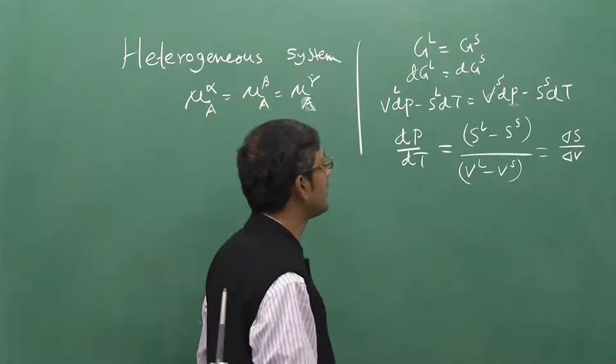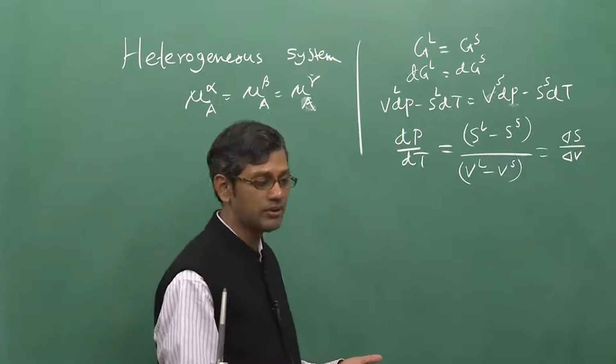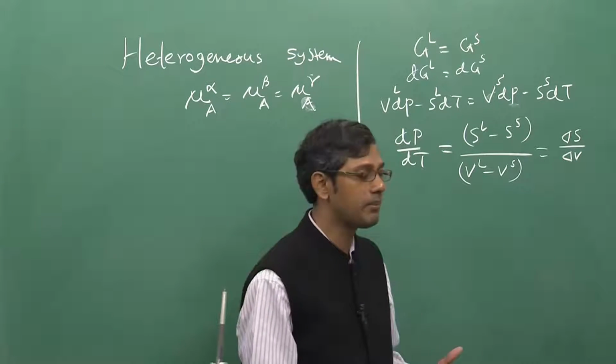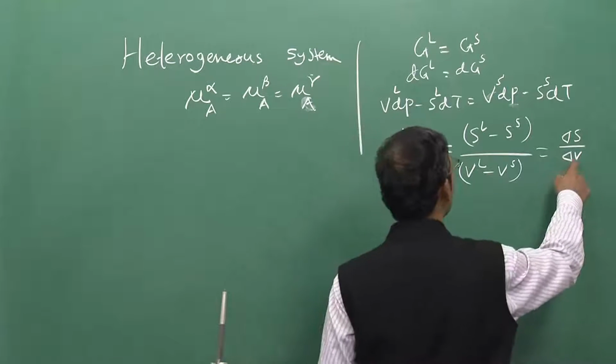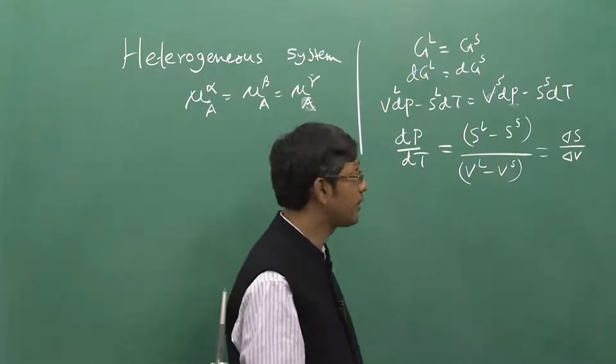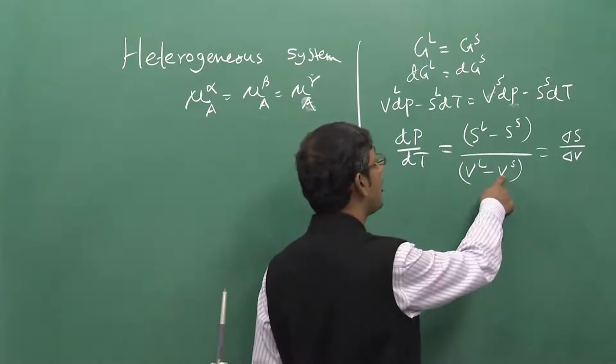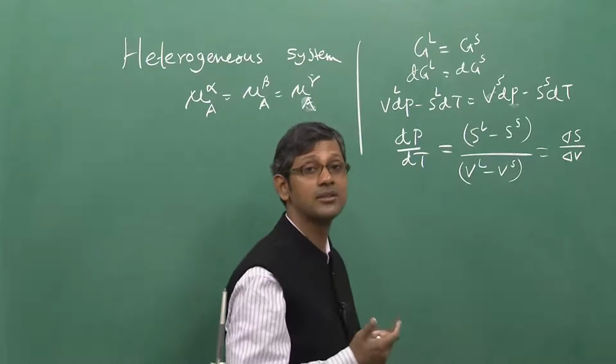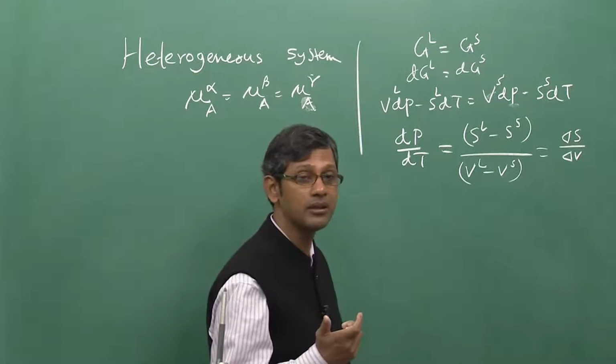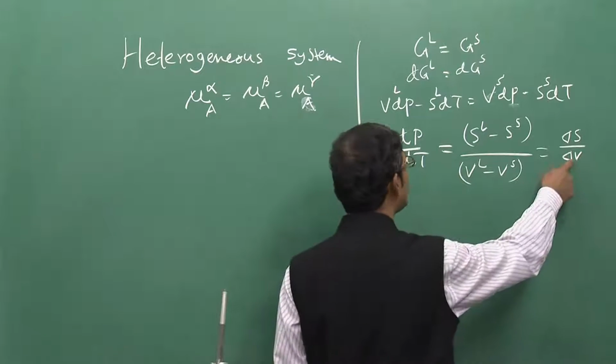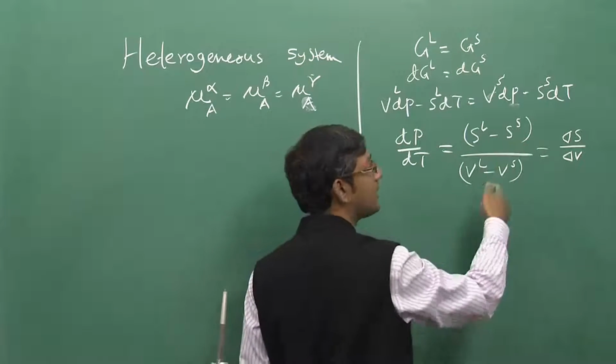As you know, in a system like water, this volume change is negative because solid has a higher volume than the liquid; ice has lower density than liquid water. That is why the slope is negative, because delta S cannot be negative.